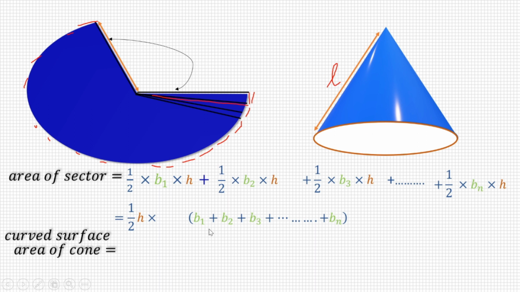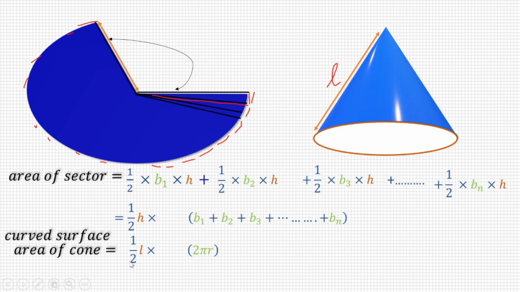and B1 plus B2 and so on can be replaced by 2 pi r. But 2 pi r is not the circumference of the sector, it's actually the circumference of the base circle, which we get when we join it. So the curved surface area is half into L into 2 pi r, where r is the radius of the base.